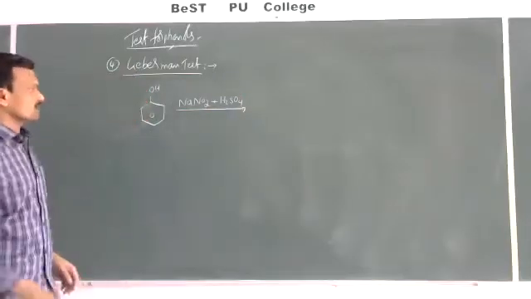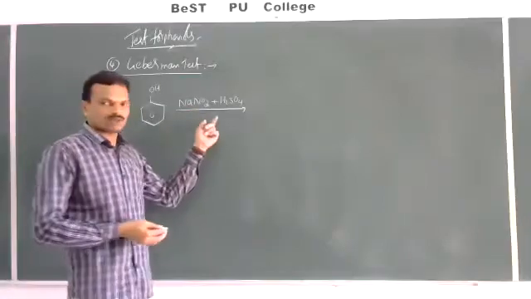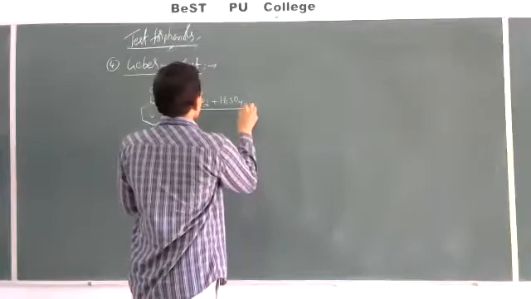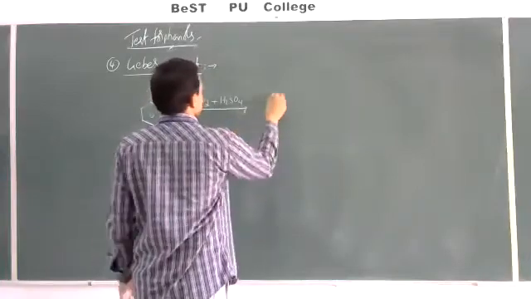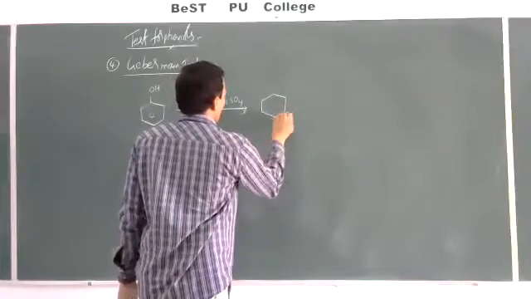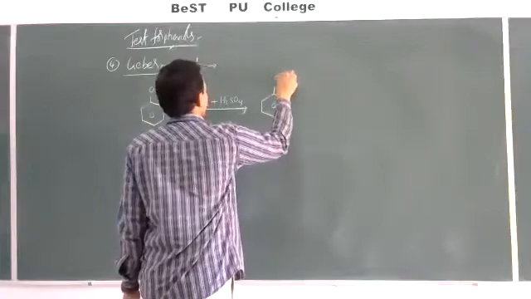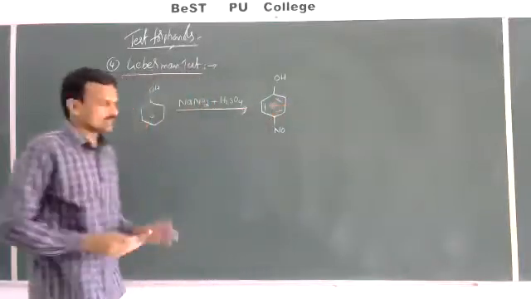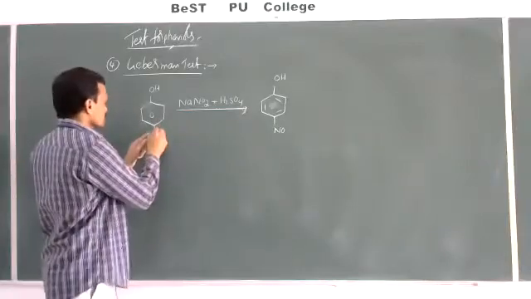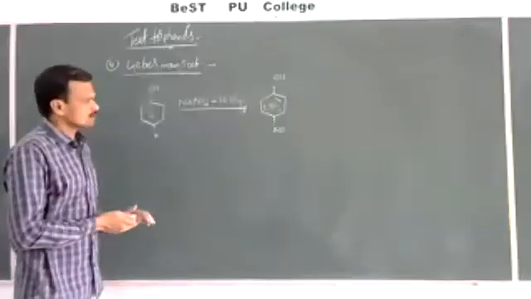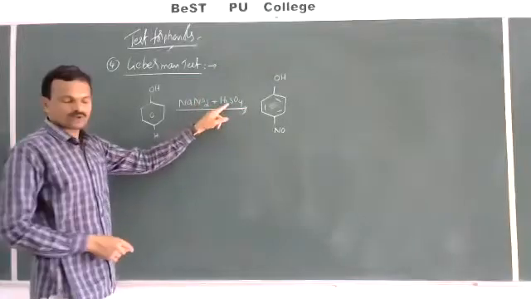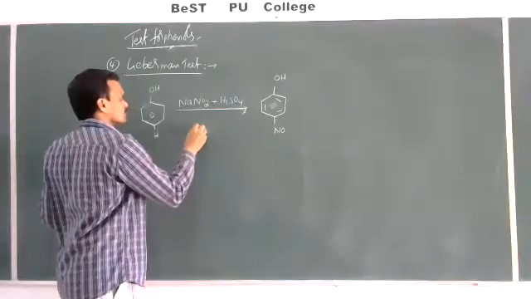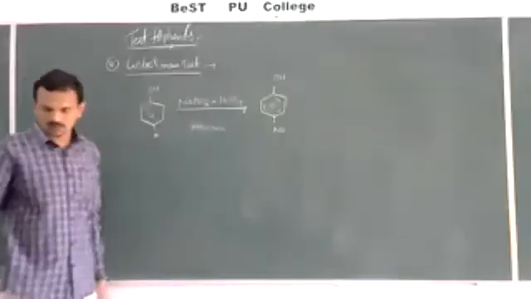So phenols on treating with sodium nitrite plus sulfuric acid, first form para-nitrosophenol. NaNO2 plus H2SO4 combine to form HNO2, HONO, which is nothing but nitrous acid.